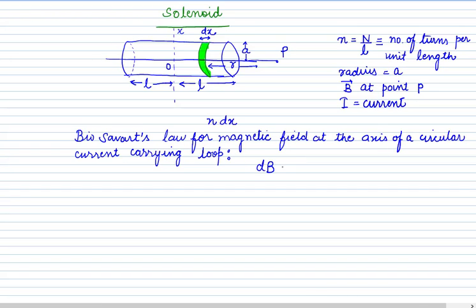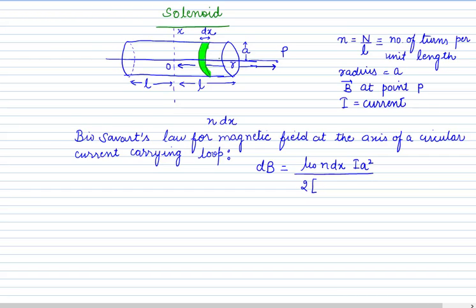Because this is due to a small segment, the magnetic field will be dB. This is mu naught n I a squared, but here we have the thickness, so mu naught n dx I a squared upon 2. Now we have to take the distance of this section dx from the point P. The total distance of point P from the center is r, and this section is at a distance x.